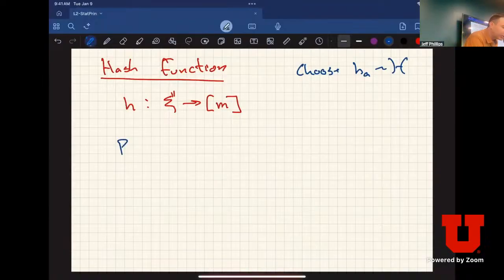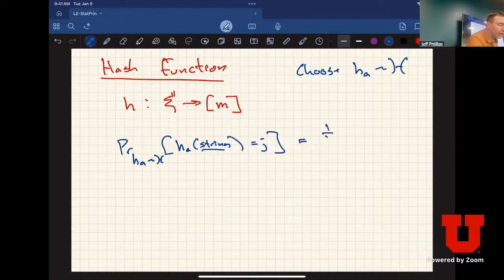So it should be that, given that the hash function is from a family of hash functions, the probability that the hash value of any fixed object X, or a fixed string, let's call this a string, equals some j, is going to be 1 over m if j is in 0 to m minus 1, and is going to be zero otherwise.